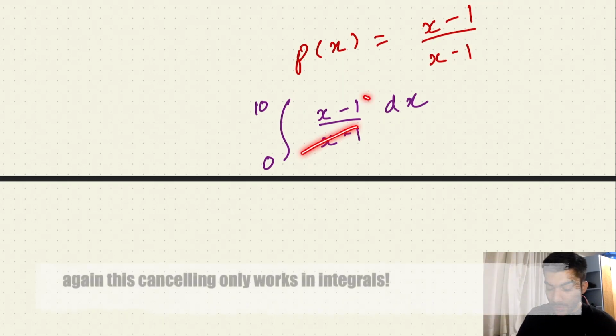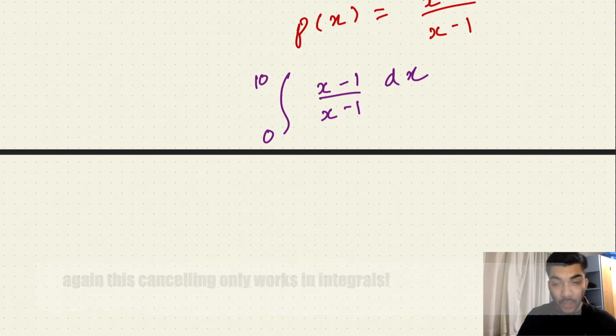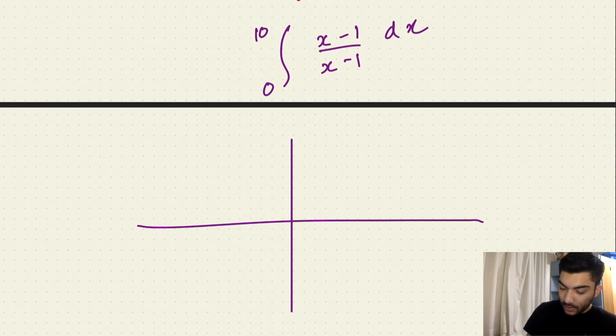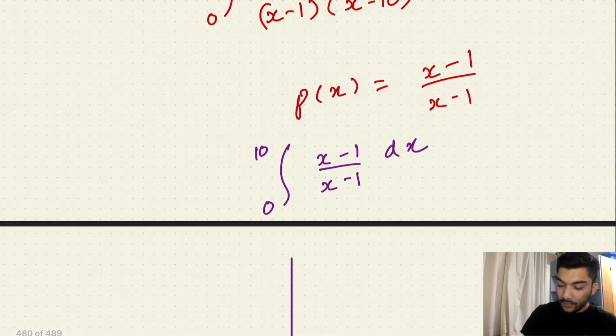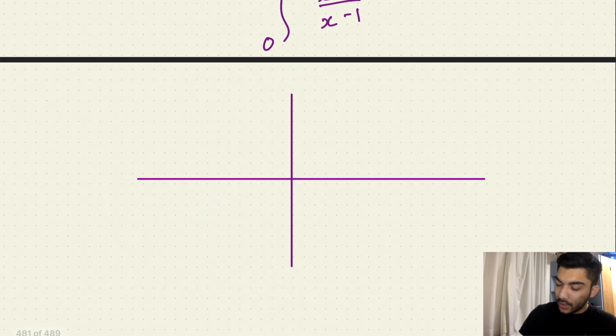Cancelling it will not affect the integral, because if you sketch this function on the graph, this function is basically equal to 1 where x is not equal to 1.